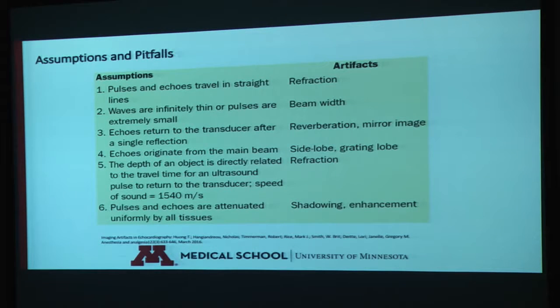It also assumes that most of the energy comes from the main beam and there are no side lobes as such. It makes an assumption about the speed of transmission, and it also makes an assumption about the attenuation as it goes through tissues. And as you can see on the right of the screen, when those assumptions are broken, those are the different kinds of artifacts that result from that.